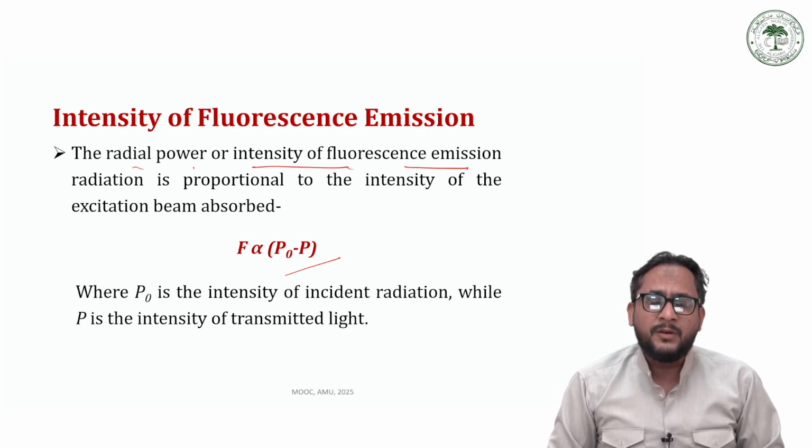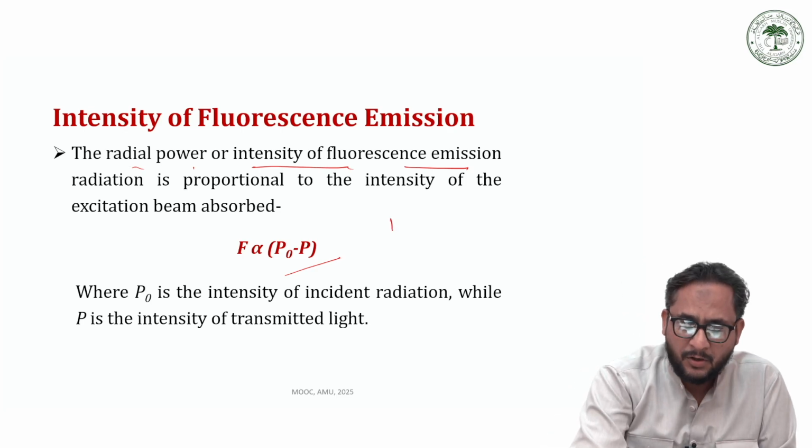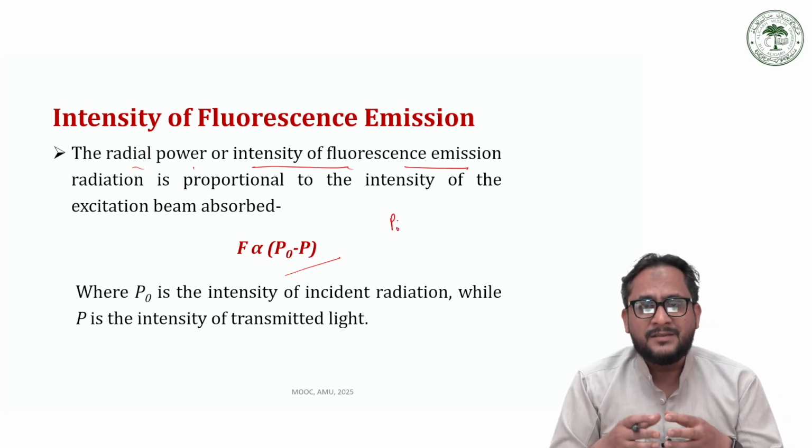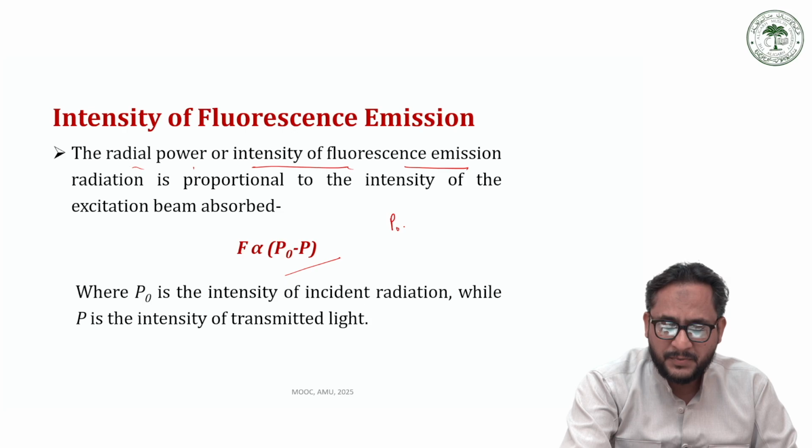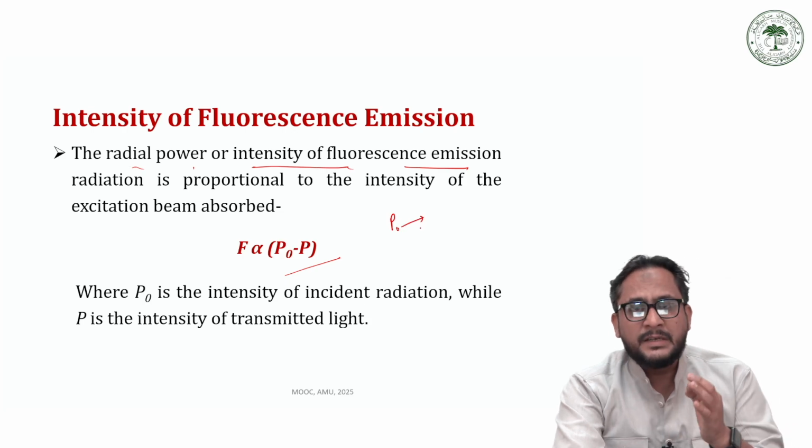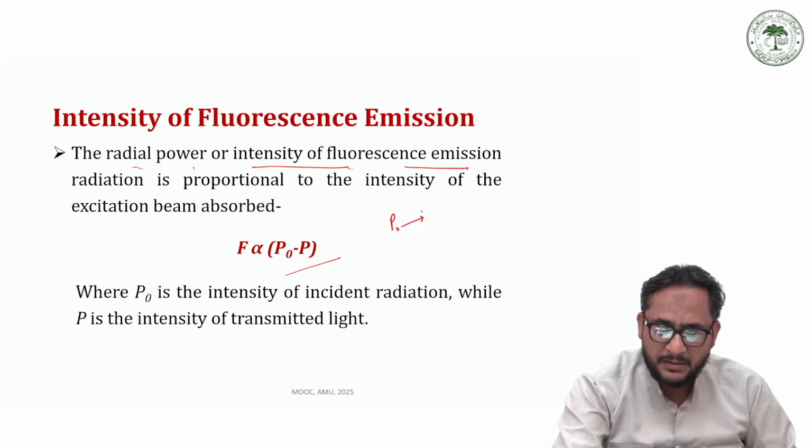Now how are we going to calculate the intensity of light being absorbed? Suppose P naught is the intensity of the incident light radiation, and this light of intensity P naught is passing through a sample.